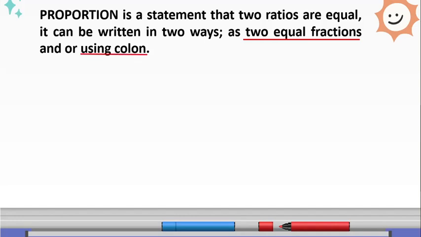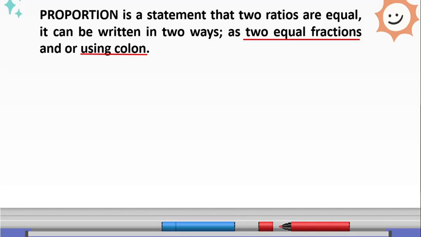When we say proportion, this is a statement that two ratios are equal. So paghahambingin na natin yung dalawang ratio kung sila ba ay equal. Kapag equal ang dalawang ratio, ito ay nangangahulugan na sila ay proportion.